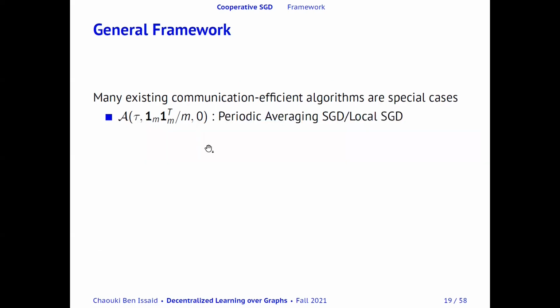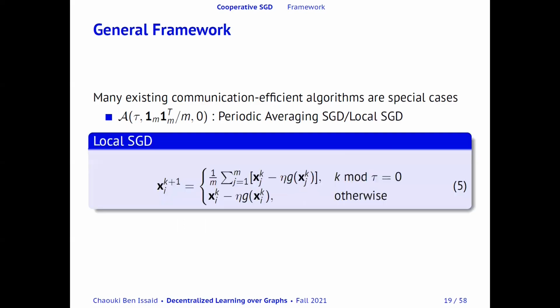Now, if we fix W to be 1 times 1 transpose over m, and again nu equals 0, but we consider a general tau, then we get the periodic averaging SGD, also known as local SGD, and the per node update is given by equation 5.